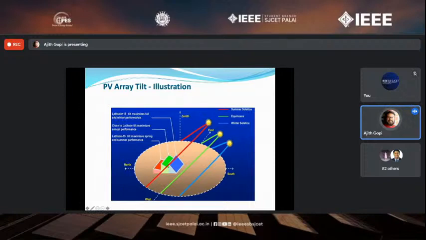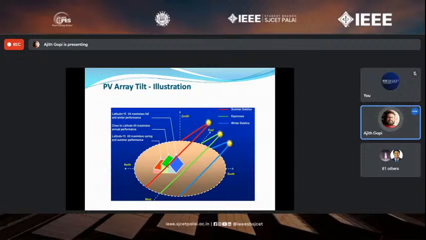Latitude plus 15 tilt maximizes fall and winter performance. And our O&M people will arrange this tilt from March to September. Based on my initial studies conducted in that park, we gained around 10% extra generation because of this manual tilt.